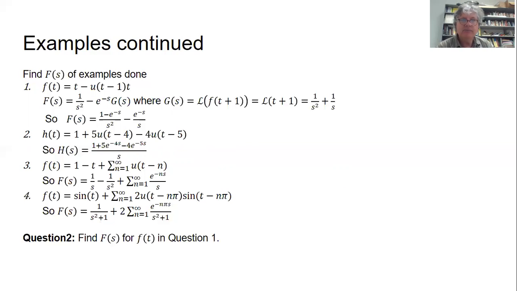And f of t plus 1, of course, is just t plus 1 because f of t is t. It's just the identity function. So the Laplace transform is 1 on s squared plus 1 on s. Okay, and so there's your Laplace transform there.